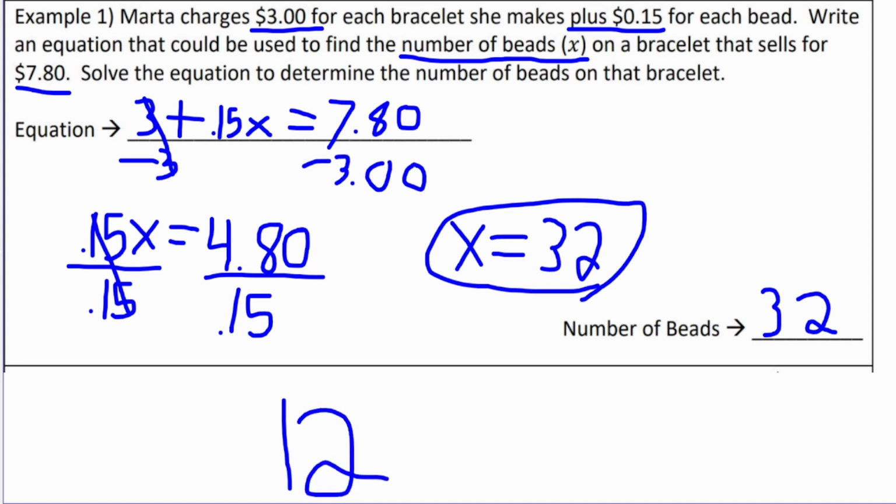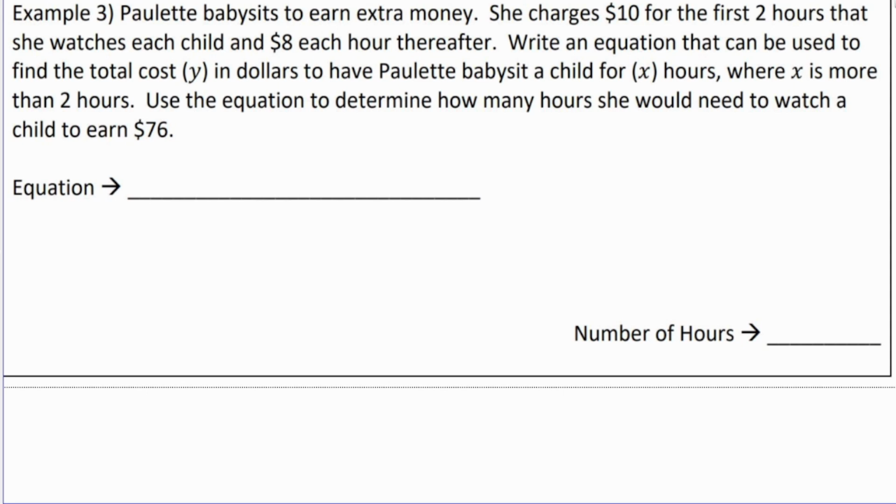Alrighty, so let's move on to number three. This one's a little different, so we're going to do it together. So we have Paulette babysits to earn money. She charges $10 for the first 2 hours that she watches each child and $8 each hour thereafter.